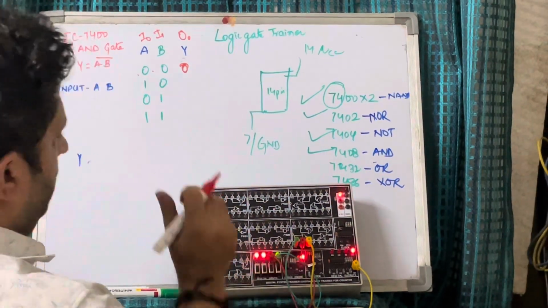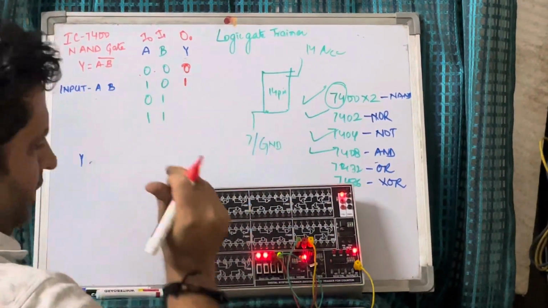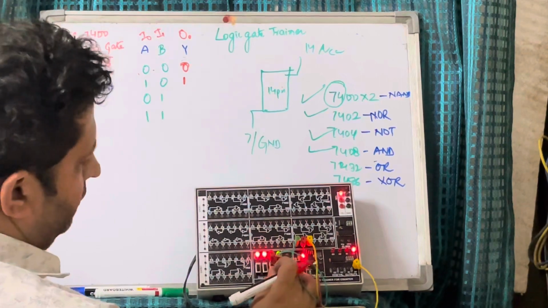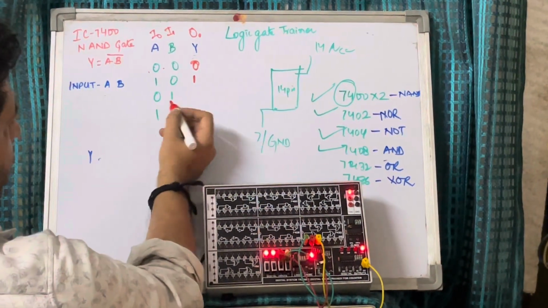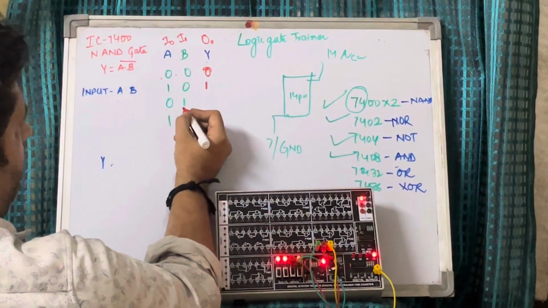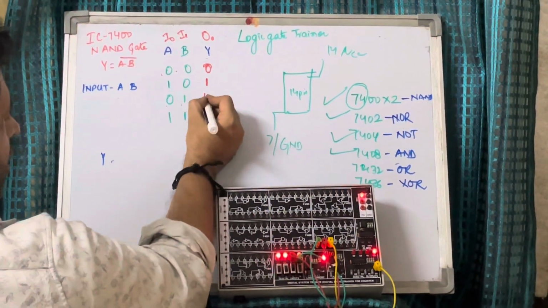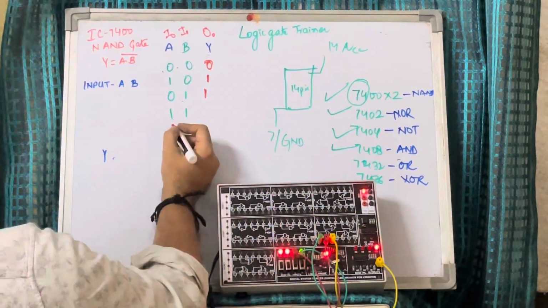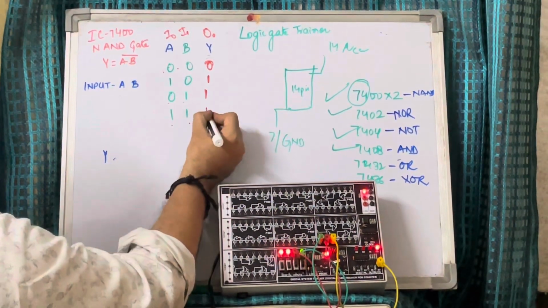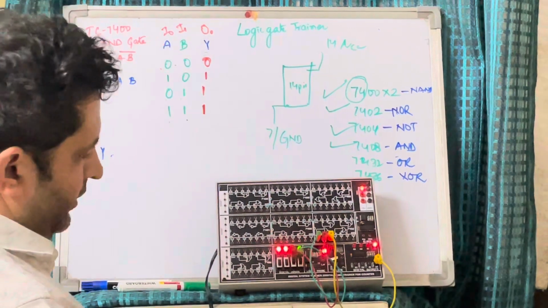Now 1 0, the output is high. Now the other condition, 0 1: I0 is low, I1 is high. Output is 1, as you can see. Now the last condition, when both I0 and I1 are high, output is 1.